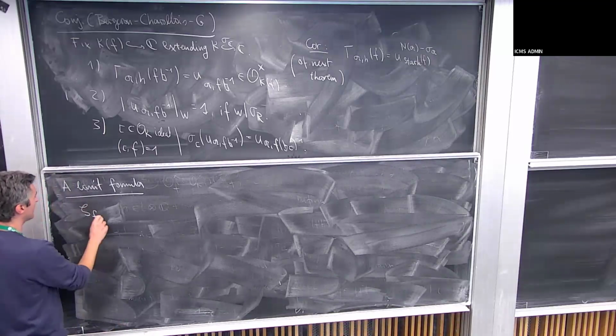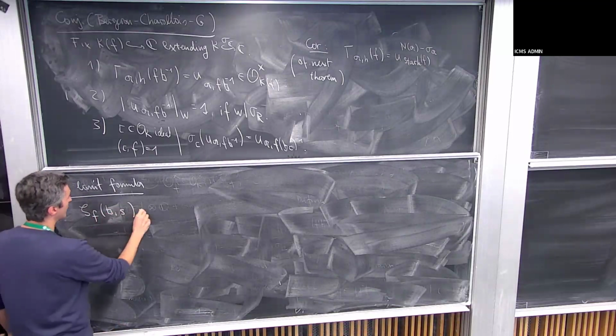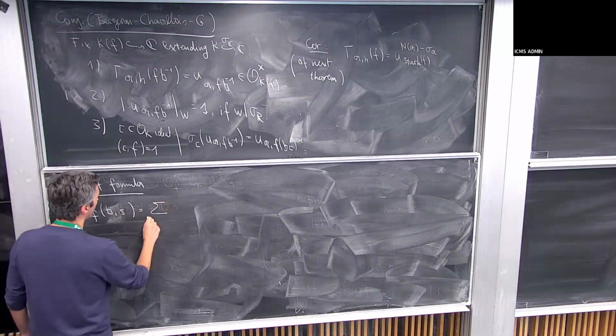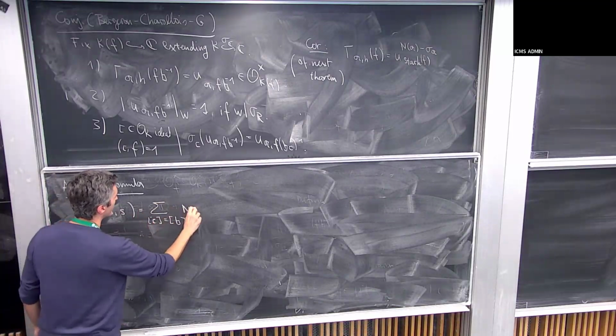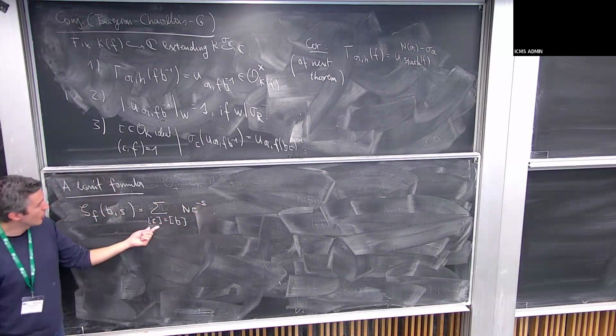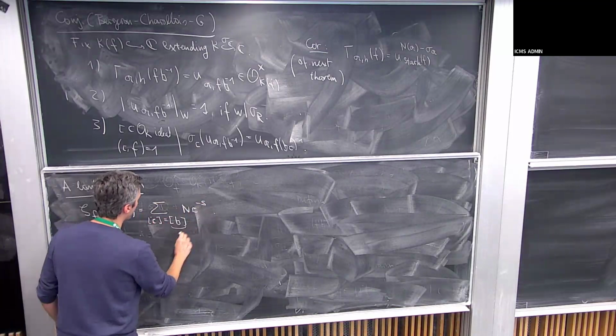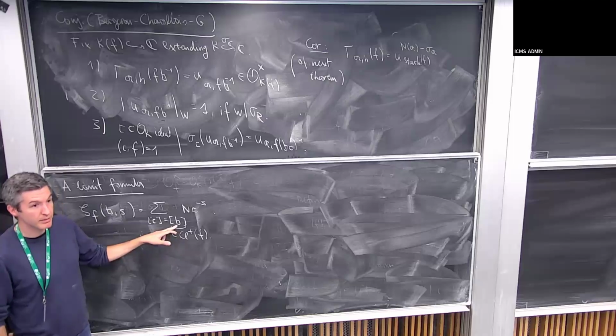Let me introduce these partial zeta functions. If I have 2 ideals F and B relatively prime, I can consider the partial zeta function given by this expression. I sum over ideals whose class in the narrow ray class group of conductor F is a fixed class.